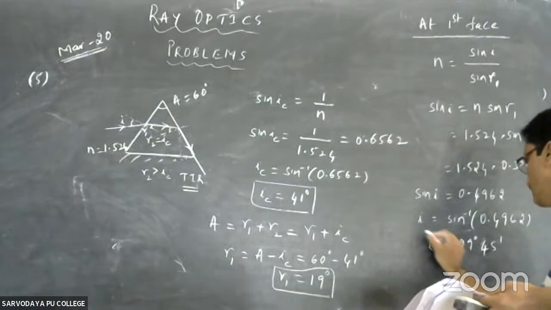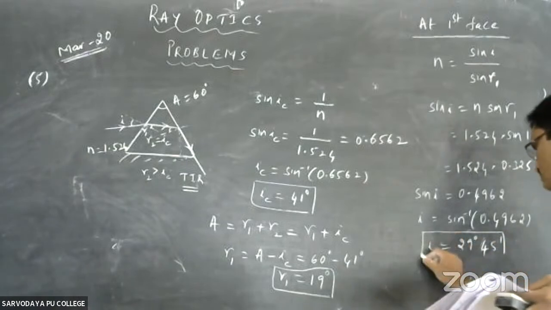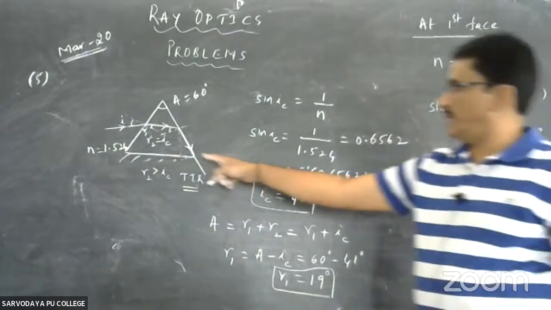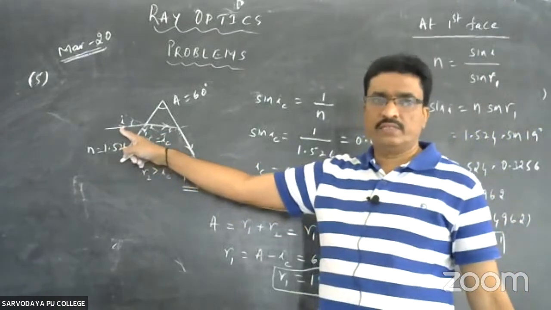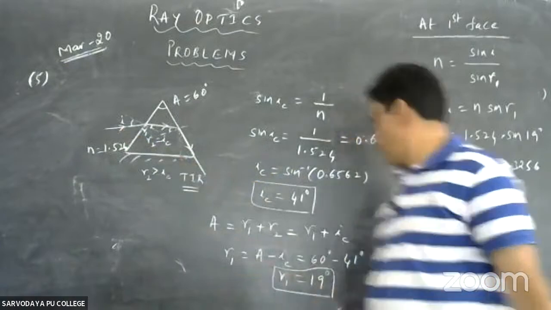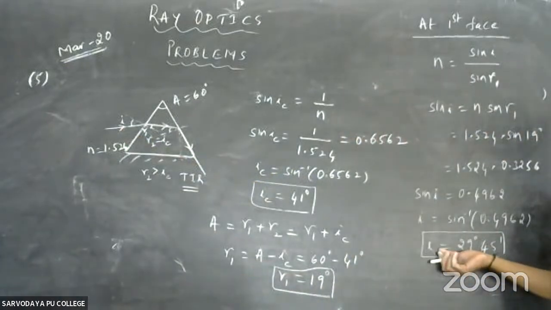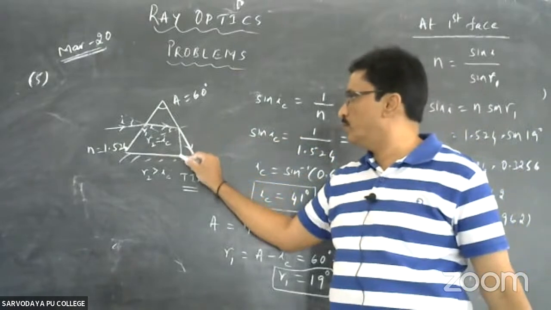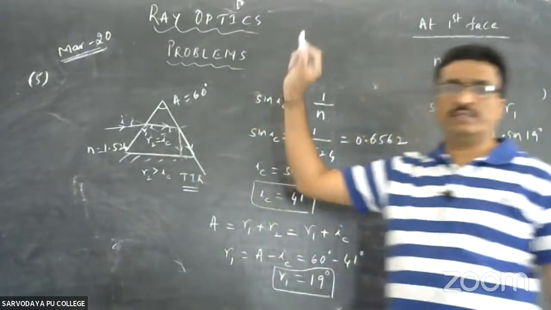This is the angle of incidence for which the ray just grazes the surface, and if the angle of incidence becomes more than this, even a slight increase in the angle of incidence makes the ray undergo total reflection.